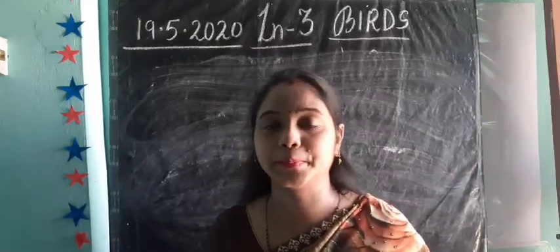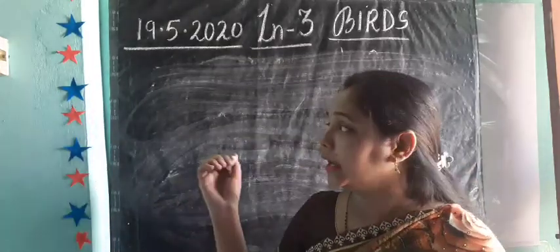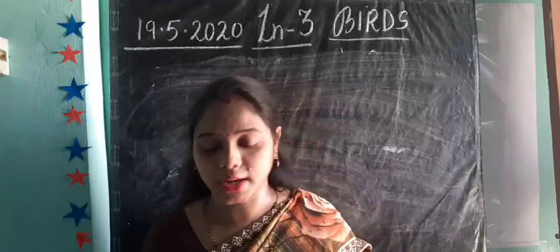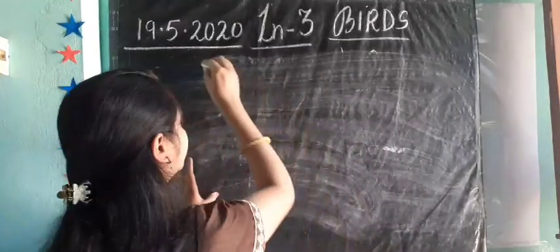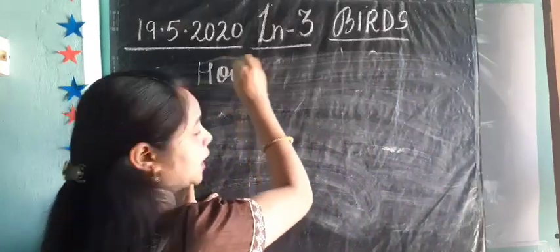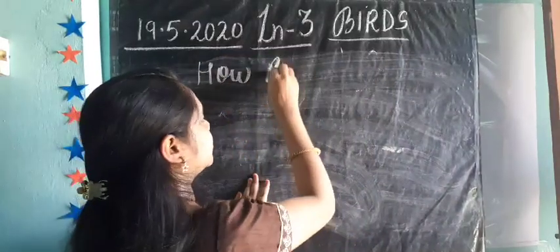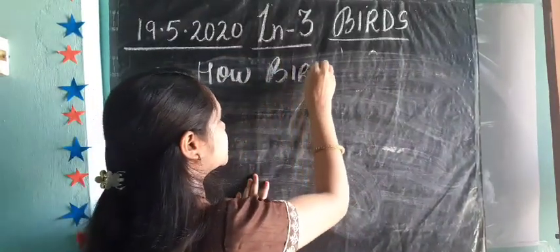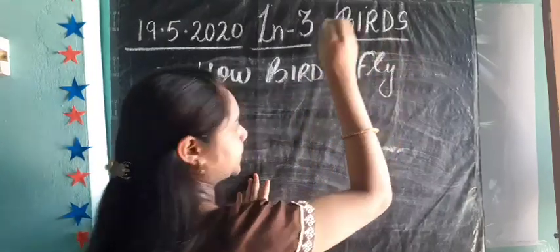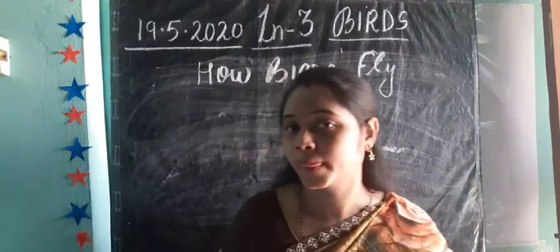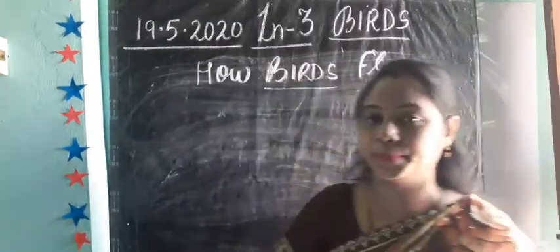Like that only, here we will see how the birds are flying in detail. How birds fly. In your book, the next topic is this only. You can see how birds fly.